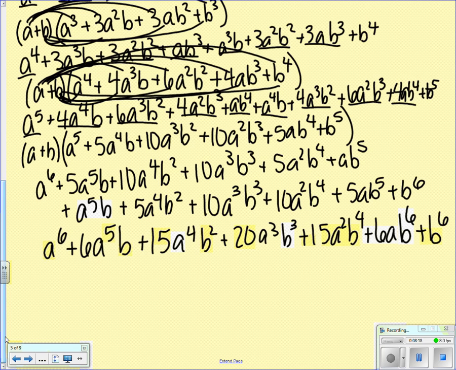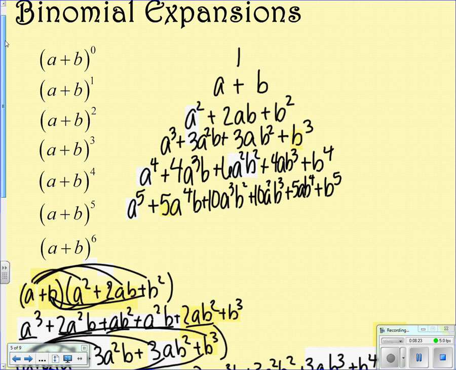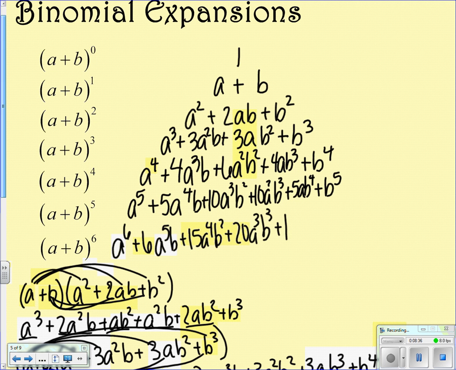And so we're going to write that as our last line. a to the 6th plus 6a to the 5th b plus 15a to the 4th b squared plus 20a to the 3rd b cubed plus 15a squared b to the 4th plus 6a b to the 5th and then plus b to the 6th. So that is part of it.